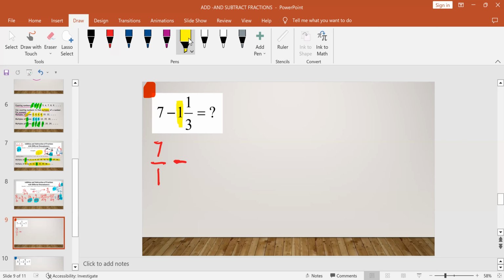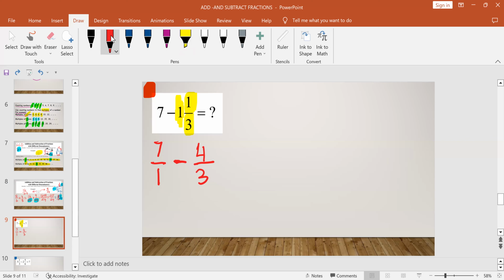We take 1 multiplied by 3, or 3 multiplied by 1, which is the same thing, and that gives you 3. And you add to the numerator. So we take the whole number first, multiply by the denominator, we get a 3, and we add it to the numerator. So 3 plus 1 is 4. Therefore, we're going to have a 4, and we divide it by that same denominator from the mixed number. So 1 and 1/3 is the same as 4 over 3.